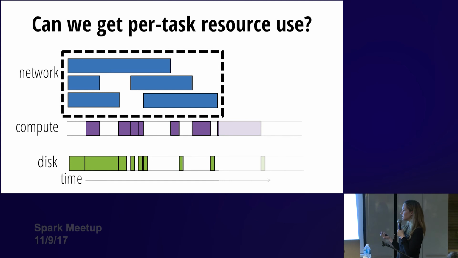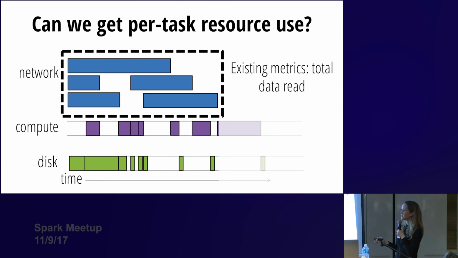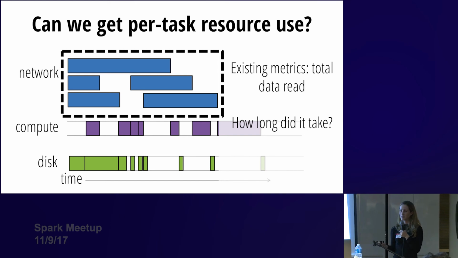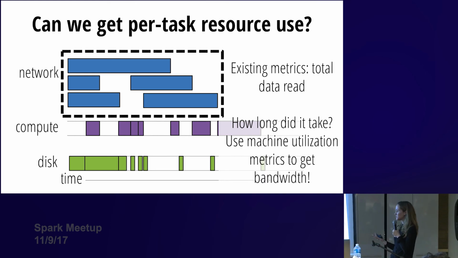But it turns out with some tricks, we can get near perfect information about this, because Spark does have information about the total amount of data that was read over the network, like, oh, my task read a gigabyte of data. And then the real challenge here is answering how long did it take to read that data. It turns out that you can make a very good estimate of it with the machine utilization.